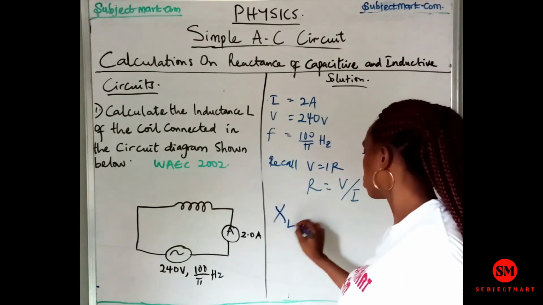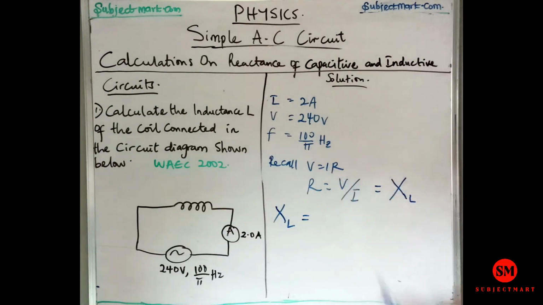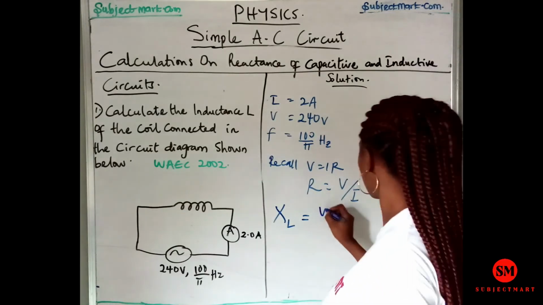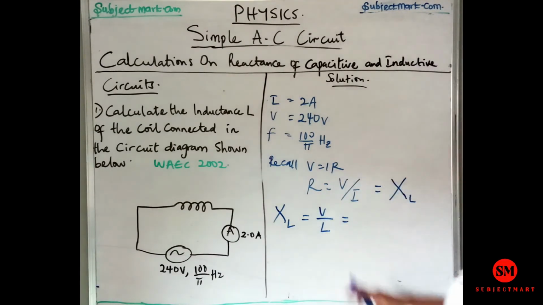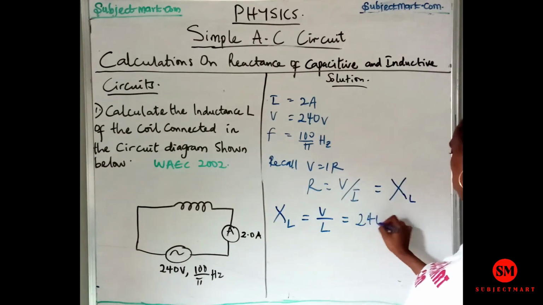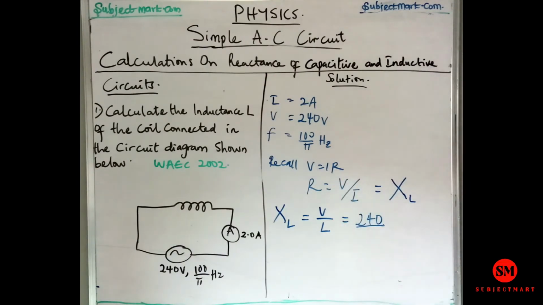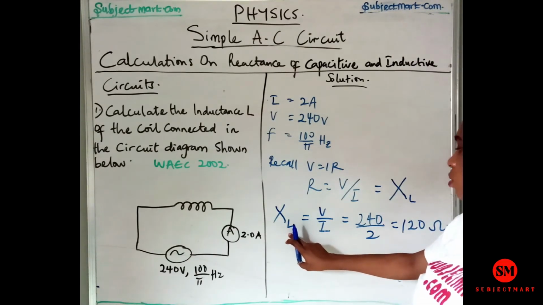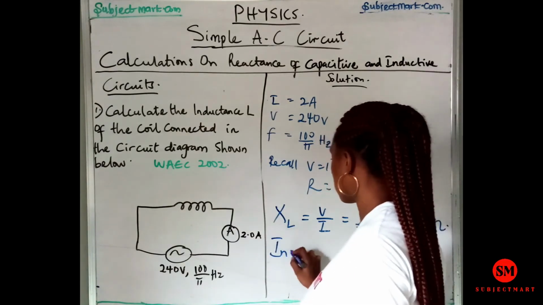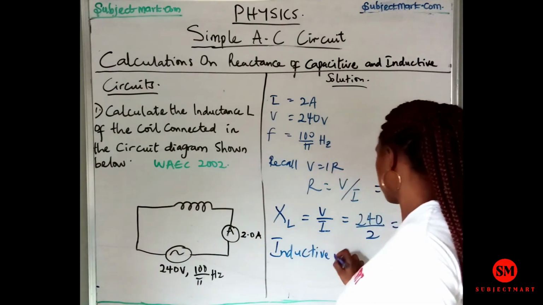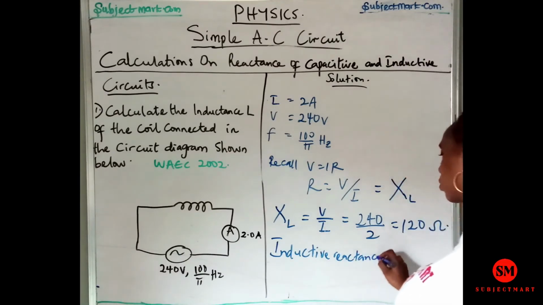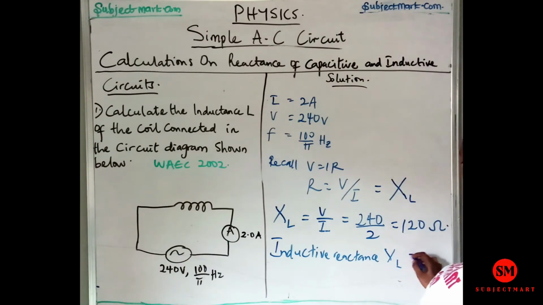So I'm just going to substitute: V is our 240 volts over the I, which is the current, and that gives me 120 ohms. So my inductive reactance XL is equal to 120 ohms.